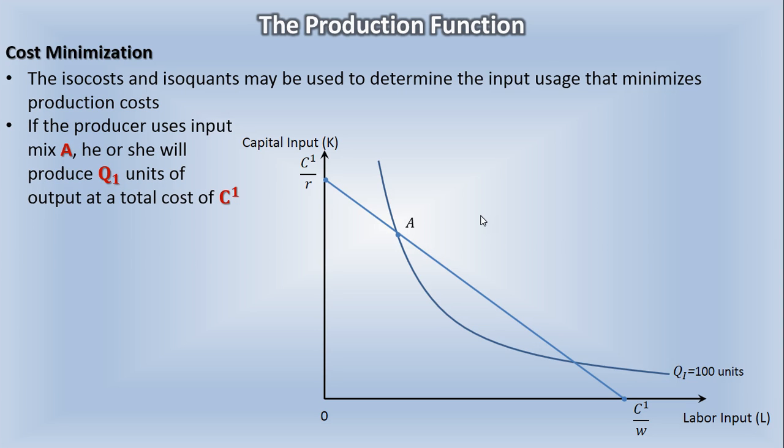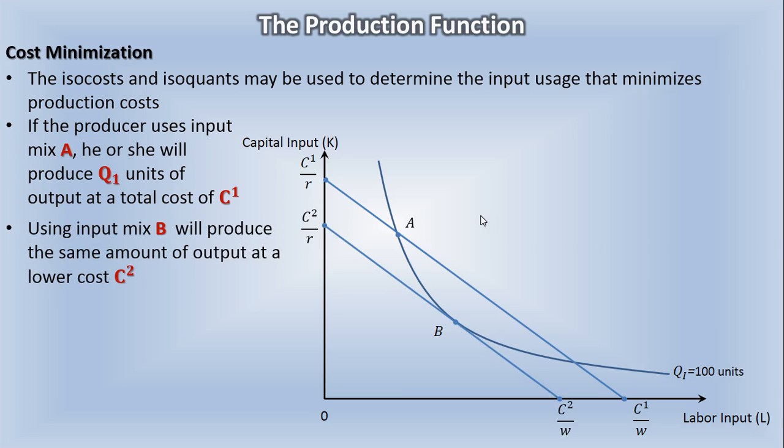So if the producer uses input mix A, he or she will produce Q1 units of output at the total cost of C1. But let's say they were to use input mix B, using less capital and more labor, because labor is probably cheaper than capital. Then they could produce the same amount of output at a lower cost.